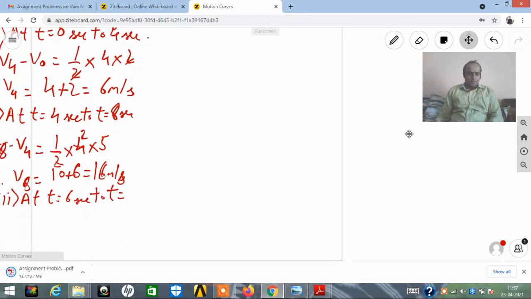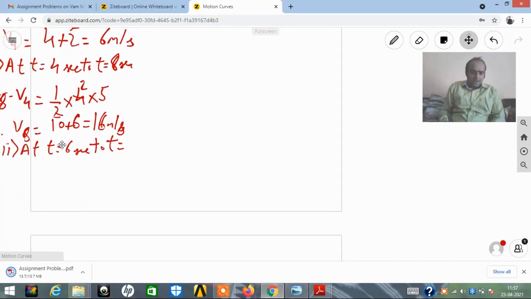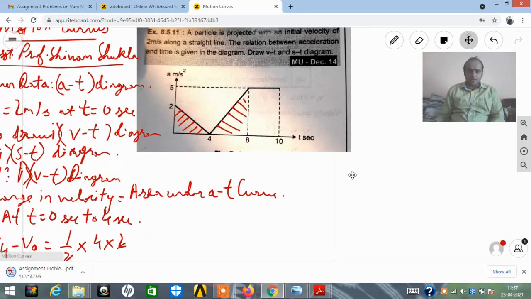Now going ahead, at t is equal to 8 seconds to t is equal to 10 seconds. Therefore, it is a rectangle. So now I can clearly write down the equation of the area of a rectangle. You can just check it over here. The area of the rectangle, you can see it will be 10 minus 8 is 2, 2 into 5.